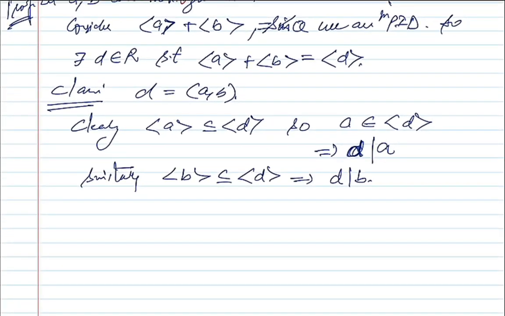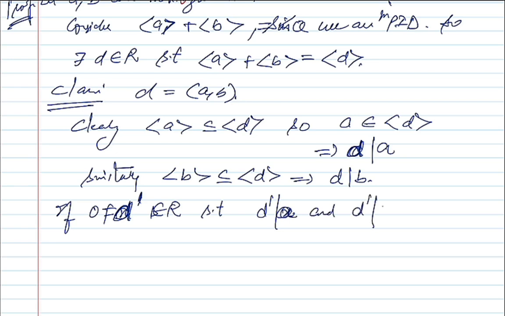Now we will prove it is the greatest common divisor. If there is some element D dash in R such that D dash divides A and D dash divides B, it means the ideal generated by A is contained in the ideal generated by D dash, and the ideal generated by B is contained in the ideal generated by D dash.